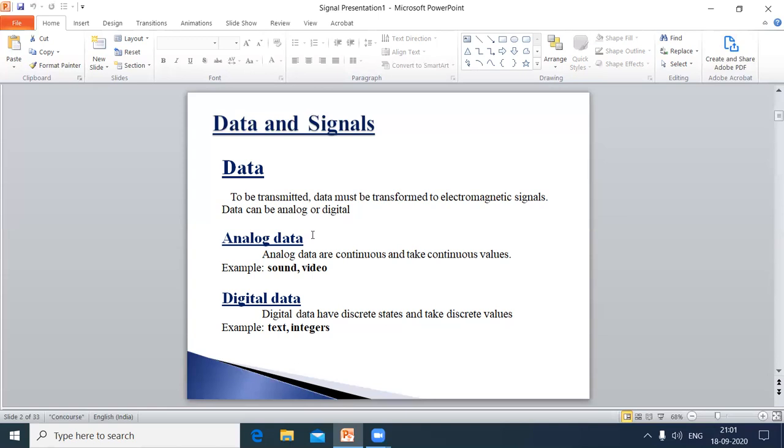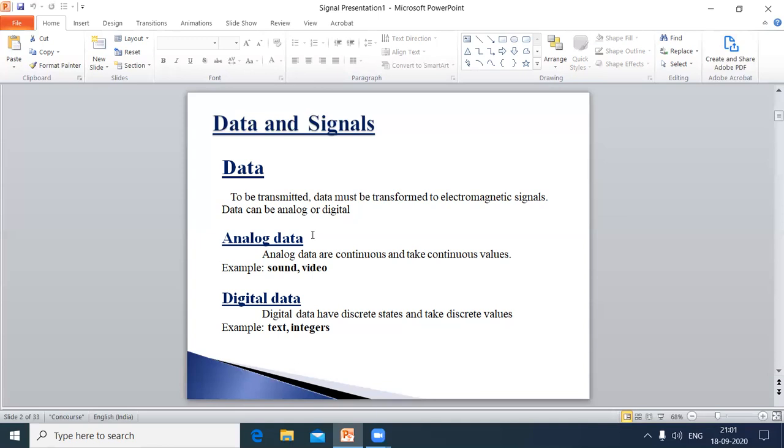A digital clock that reports the hours and the minutes will change suddenly from 11 o'clock 4 minutes to 11 o'clock 5 minutes. That means the variation is 1 minute.